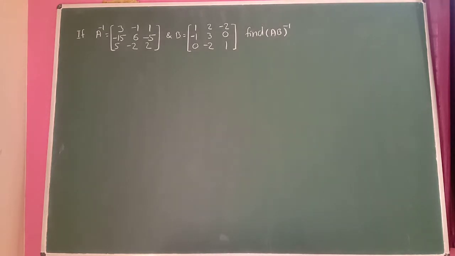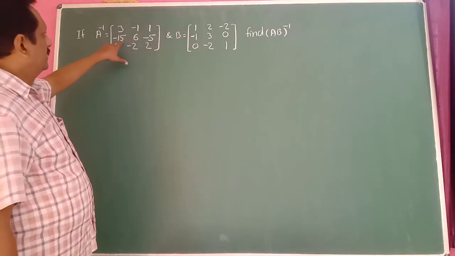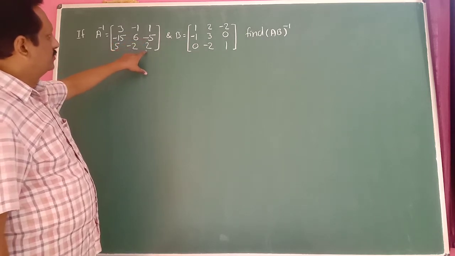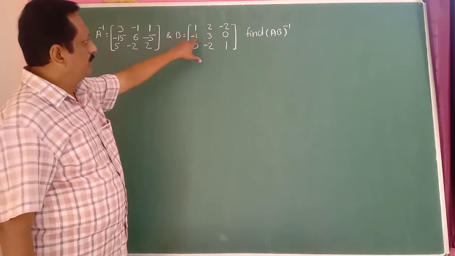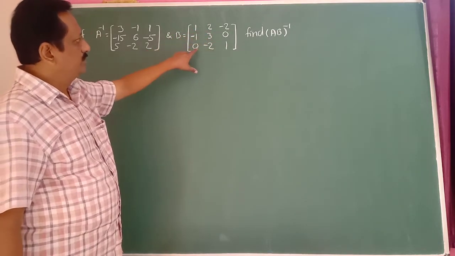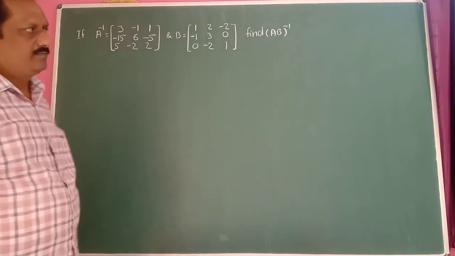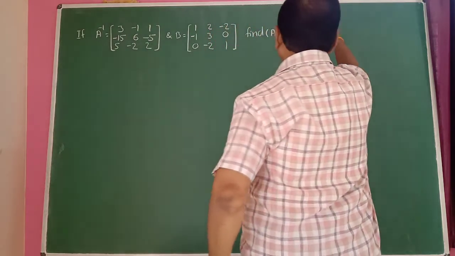If A inverse is equal to the matrix 3 minus 1 1, minus 15 6 minus 5, 5 minus 2 and 2, and B is equal to 1 2 minus 2, minus 1 3 0, 0 minus 2 1, then find AB inverse here. Okay, so you know the property of the inverse matrix here.